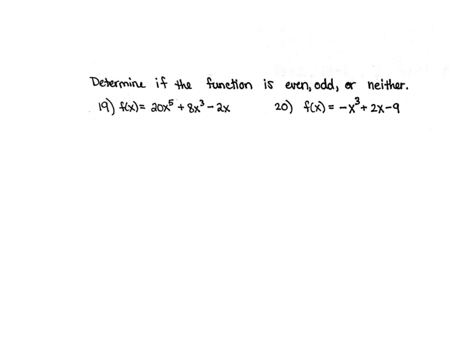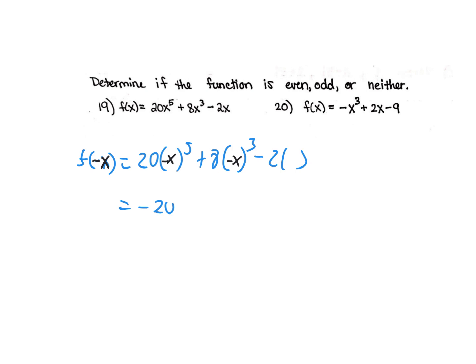To know if it's odd or even, find out what happens when you plug negative x in for x, right? So if we plug negative x in, that would become -20x to the fifth minus x to the eighth, 8x to the third, plus 2x.